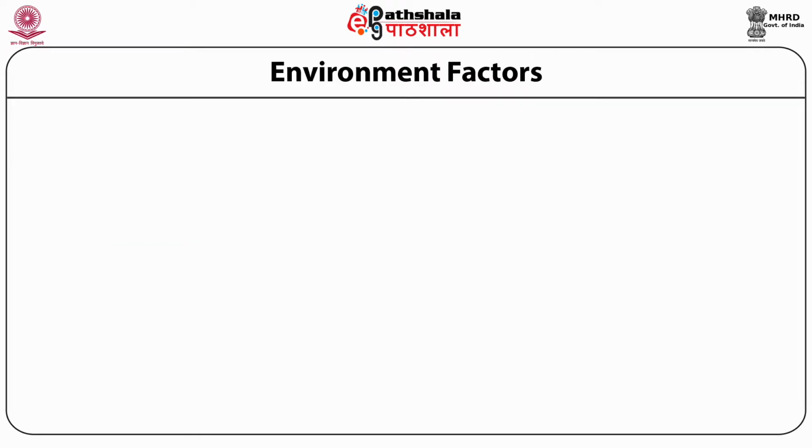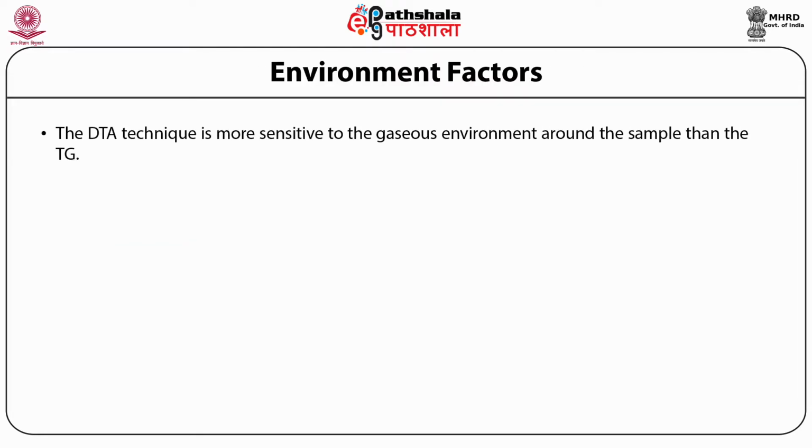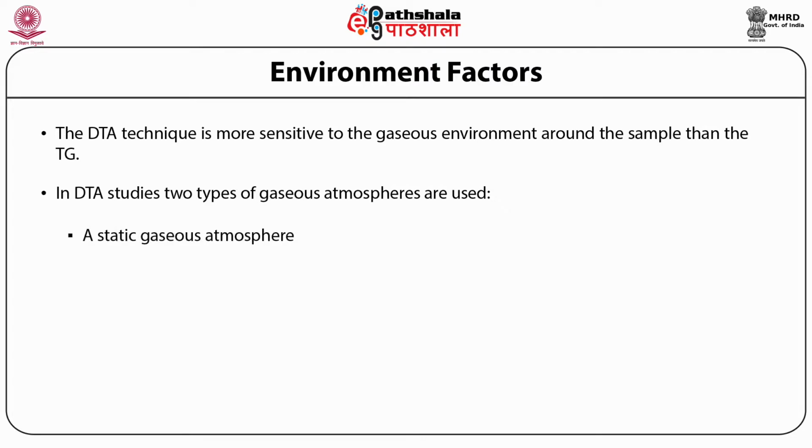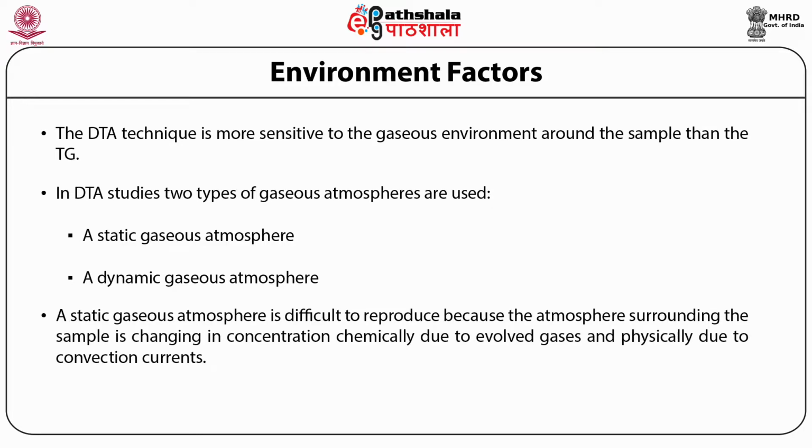Environmental factor. The DTA technique is more sensitive to the gaseous environment around the sample than the thermogravimetry technique. In DTA, two types of gaseous atmosphere are used: A, a static gaseous atmosphere, and B, a dynamic gaseous atmosphere. A static gaseous atmosphere is difficult to reproduce because the atmosphere surrounding the sample is changing in concentration, chemically due to evolved gases and physically due to convection current.